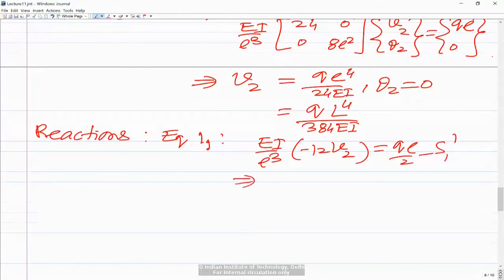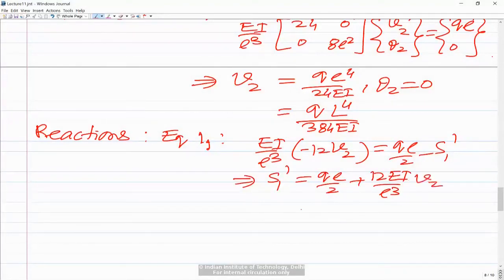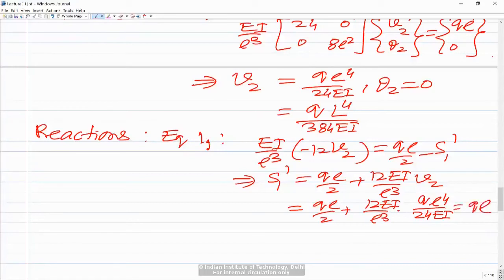So if you do the calculation, S11 would be equal to QL by 2 plus 12 EI by L cube into V2. If you put in the value, we get QL by 2 plus 12 EI by L cube, and V2 is QL power 4 upon 24 EI. Now if you do the simplification, you will get this as QL.